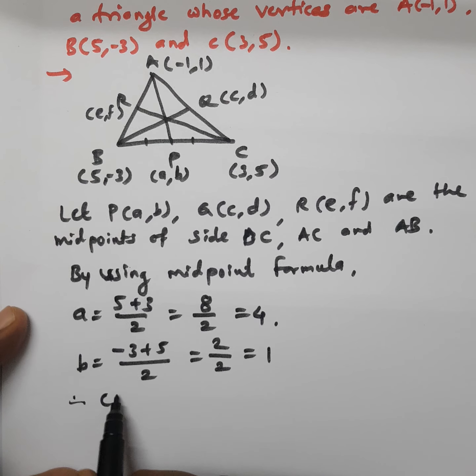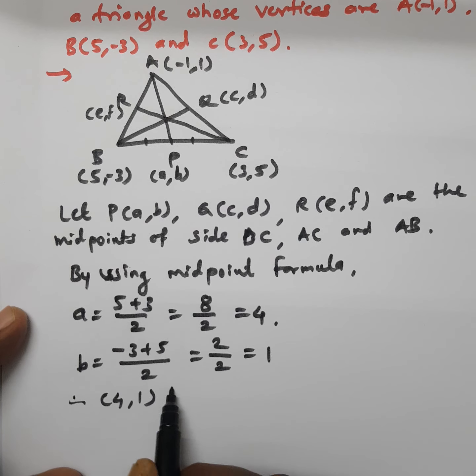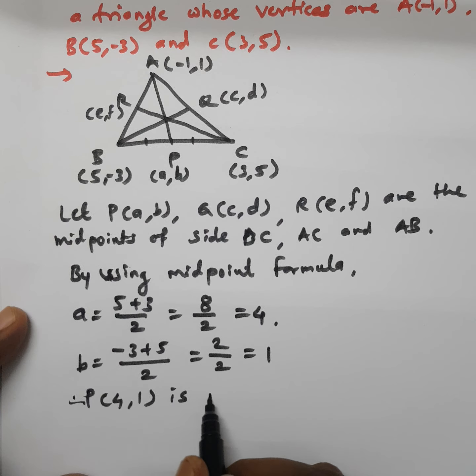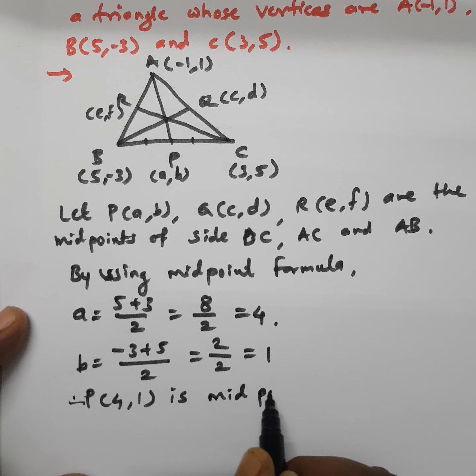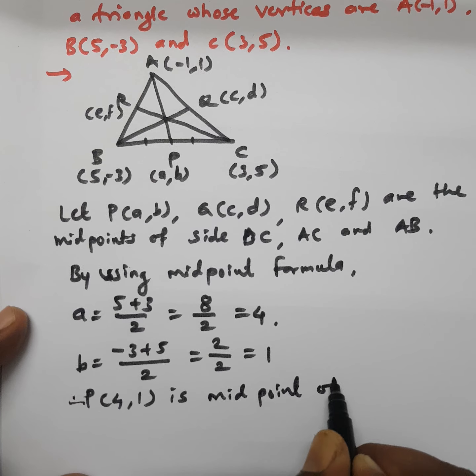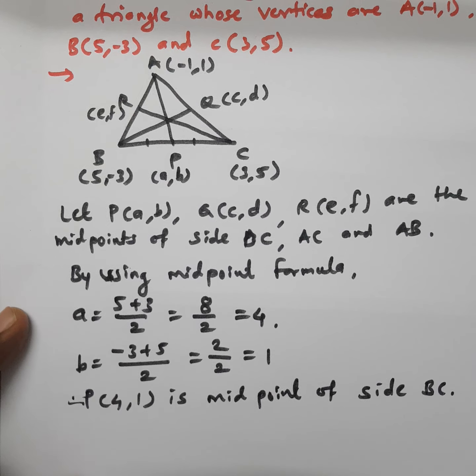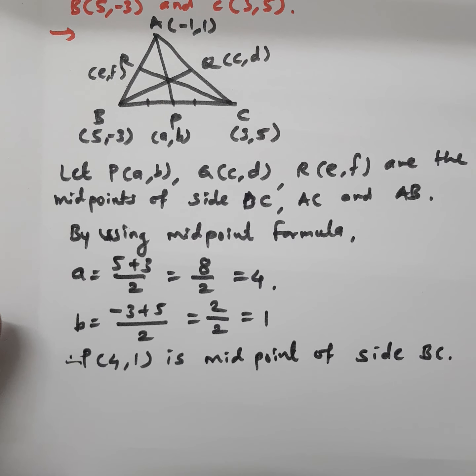Therefore, P(4, 1) is the midpoint of side BC.